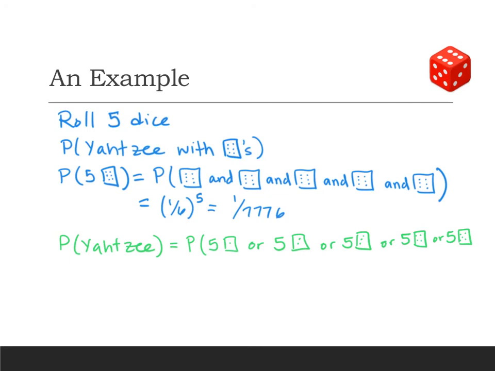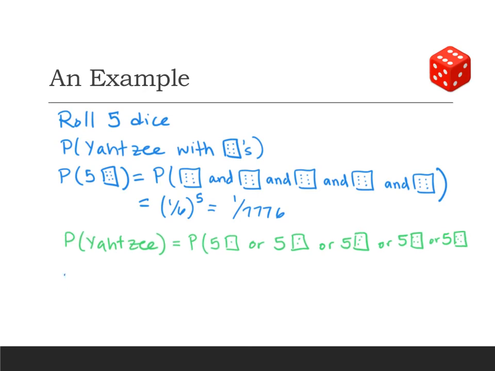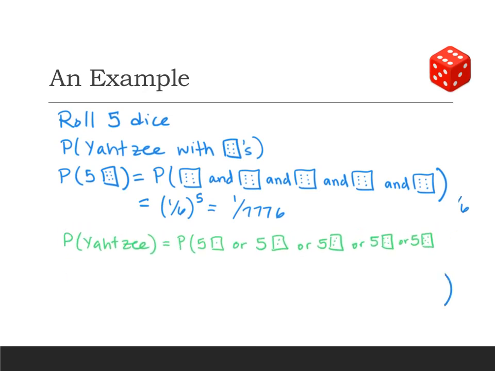or I could write too big and run off the screen. Let me make that a little bit smaller. Sorry, I'm trying not to be a perfectionist, but I'm ending up being a perfectionist. Or 5 6s.